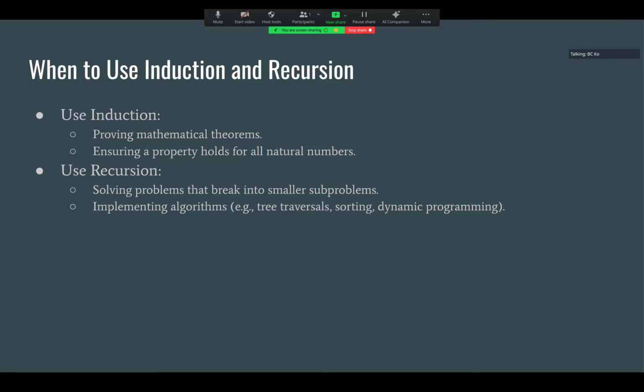On the other hand, use recursion when solving problems that naturally break into smaller subproblems. Recursion is ideal if you're implementing algorithms like tree traversals or sorting algorithms such as quicksort and merge sort, and dynamic programming techniques. They both are powerful, so knowing when to apply each is key to solving complex problems.